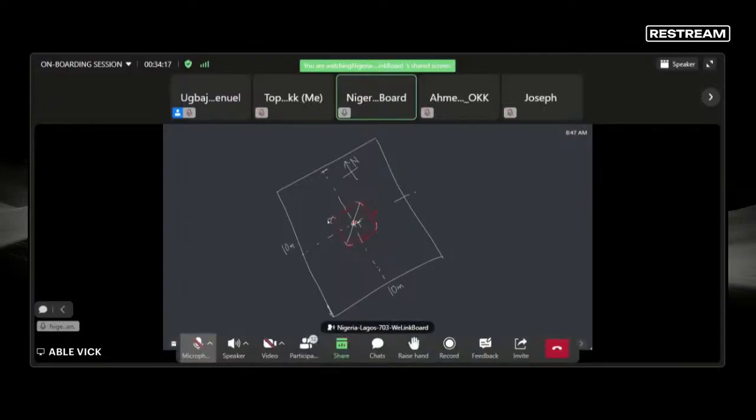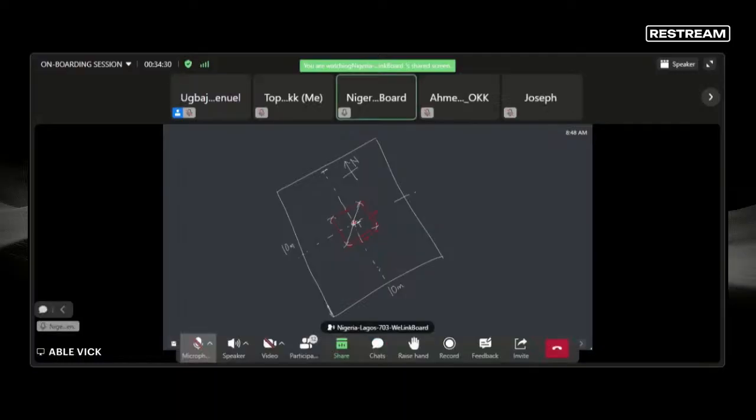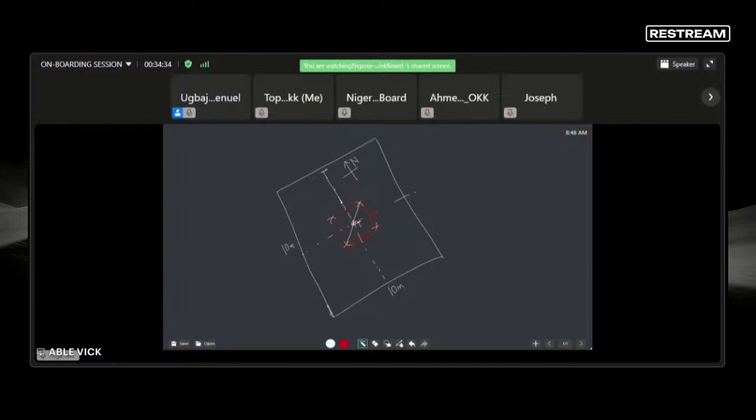Any method you want to use, get your tower foundation trench. The major thing is to get your box right, 2.2 by 2.2. If you check again, this box is parallel to the true north. See the true north here. The north is directly in the middle of the tower foundation.